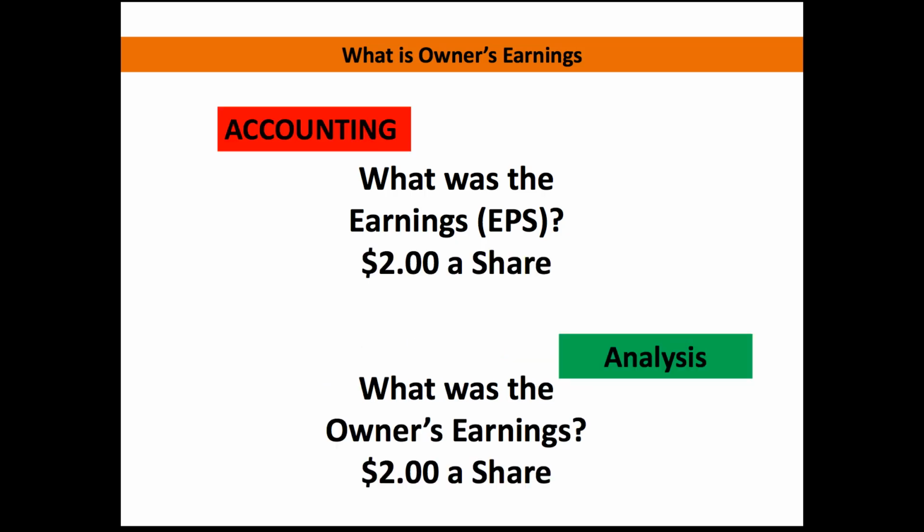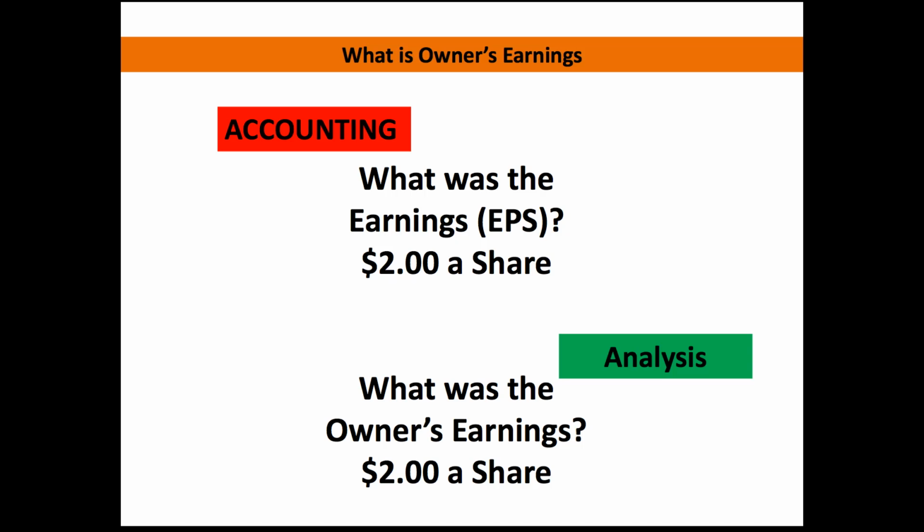Okay, so for that scenario, when we're talking about the accounting, we're talking about the earnings per share, that number that's reported at the bottom of the income statement, which is $2. Whenever we talk about owner's earnings, we also, in that scenario, through analysis, we saw that the owner's earnings was also $2.